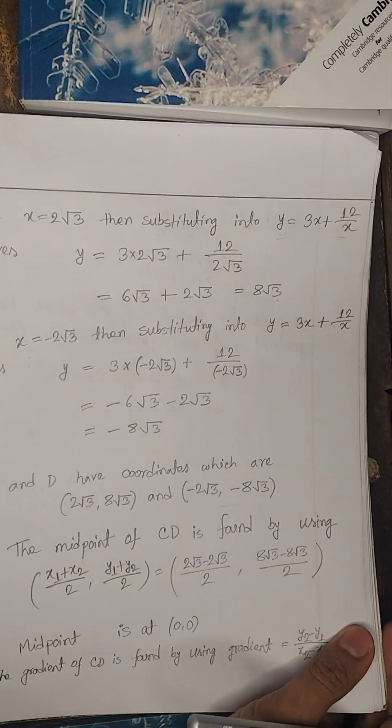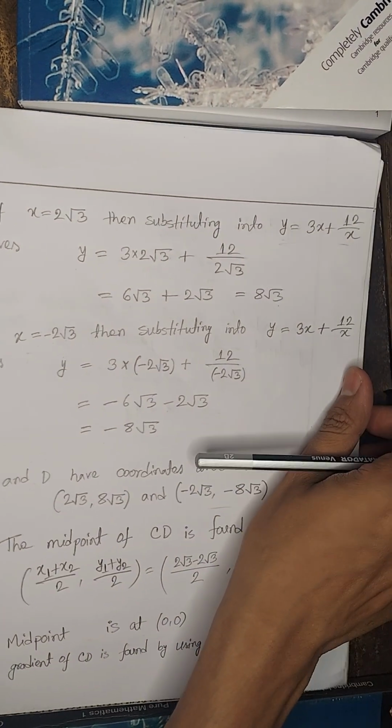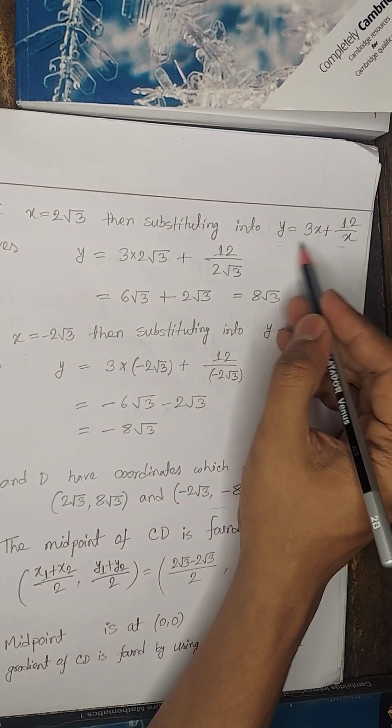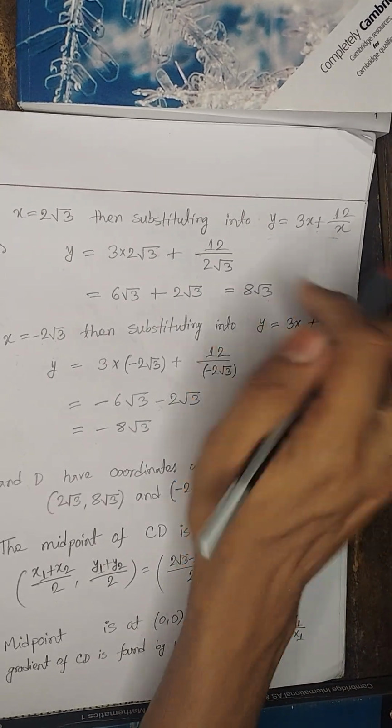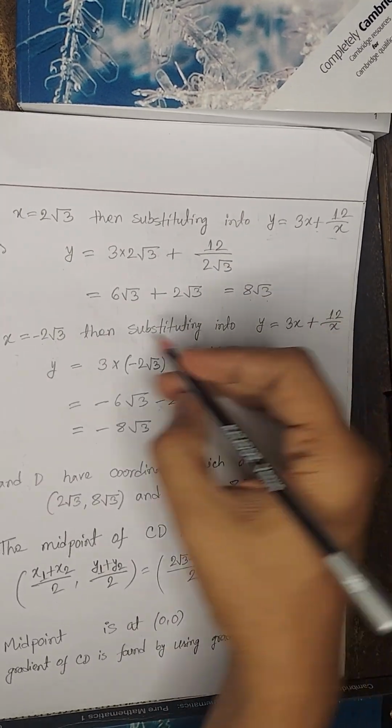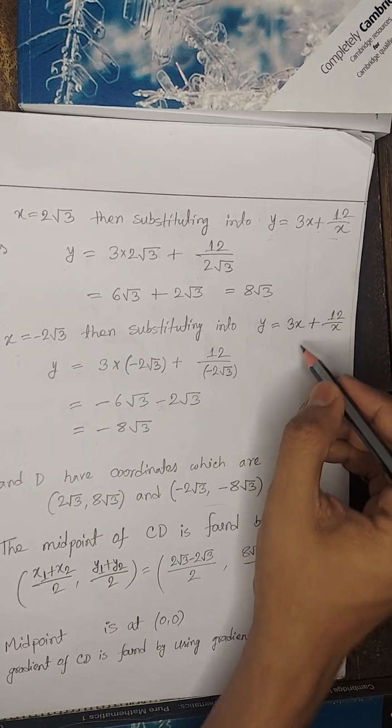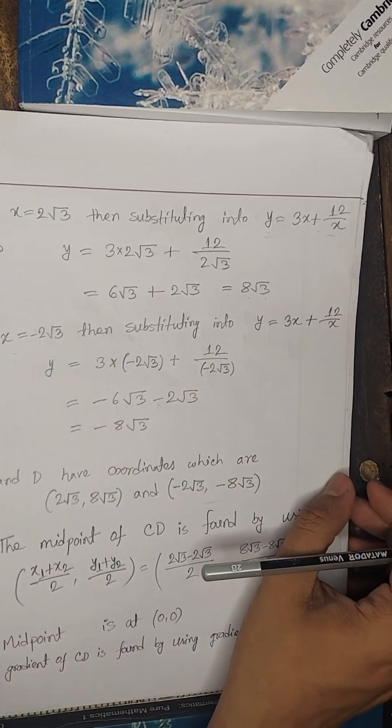And from this value of x, we get the value of y by substituting into this equation. When x is 2 root 3, then y is 8 root 3, and similarly if x is minus 2 root 3, then y will be minus 8 root 3.